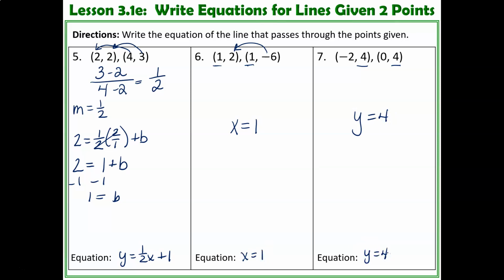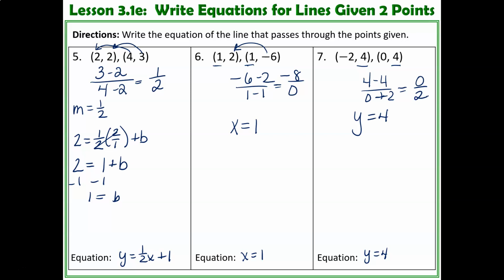If I went ahead and found the slope, I would have negative 6 minus 2 over 1 minus 1, so the 0 would be on the bottom. And for this one, if I went ahead and found the slope, I would have that.